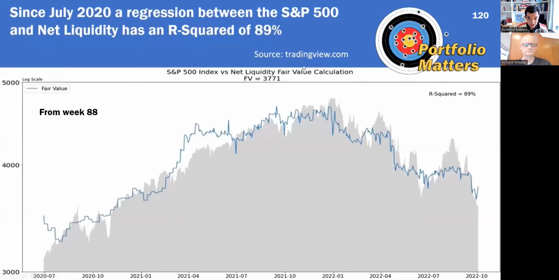So we see that there's an amazing correlation between net liquidity and the level of the S&P 500. And this is a chart from week 88 of Portfolio Matters, and it claims that there's an R squared of 89%, which is absolutely astonishing and means that 89% of the volatility of the S&P 500 can be explained by net liquidity.